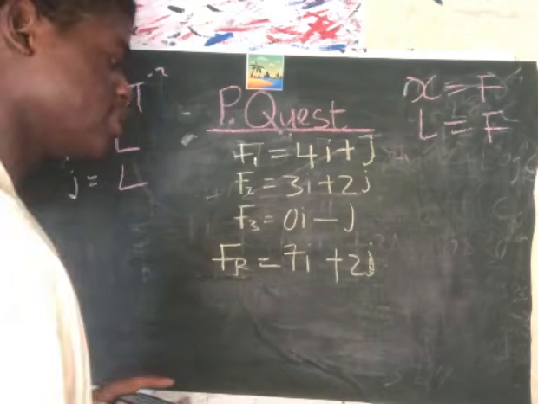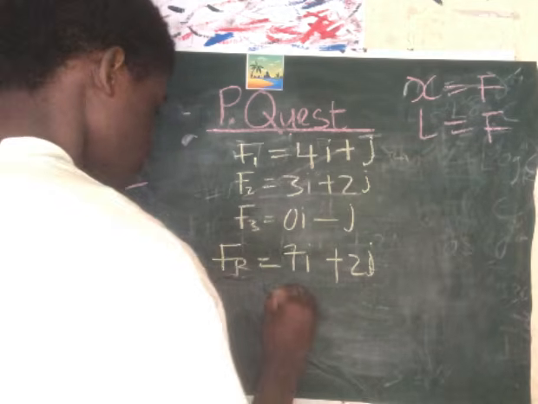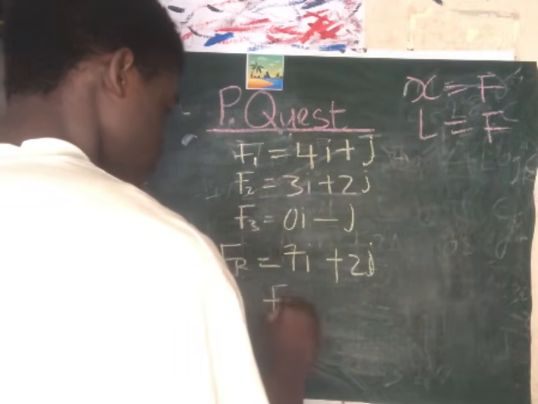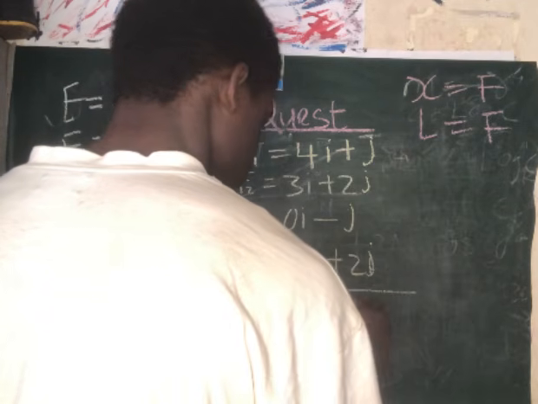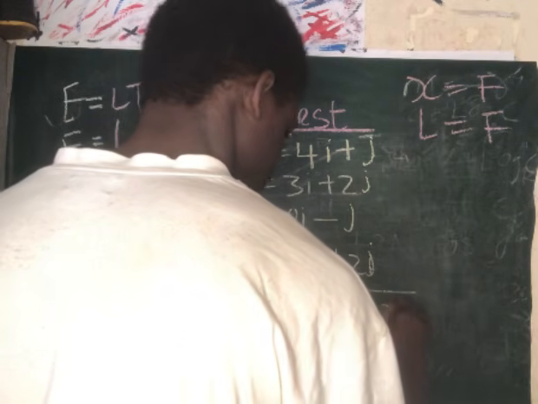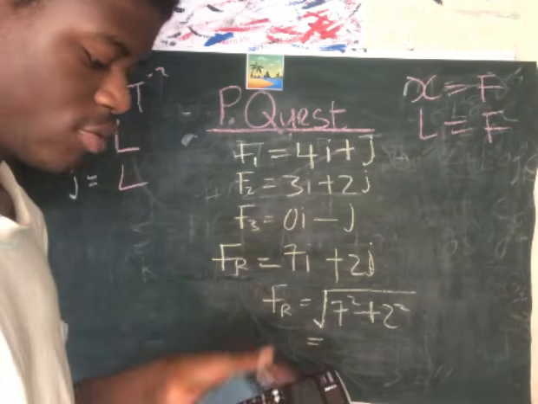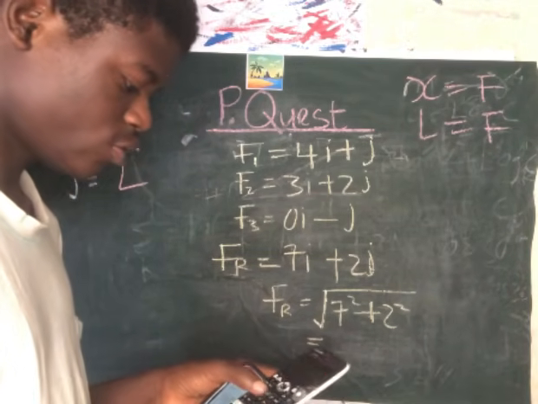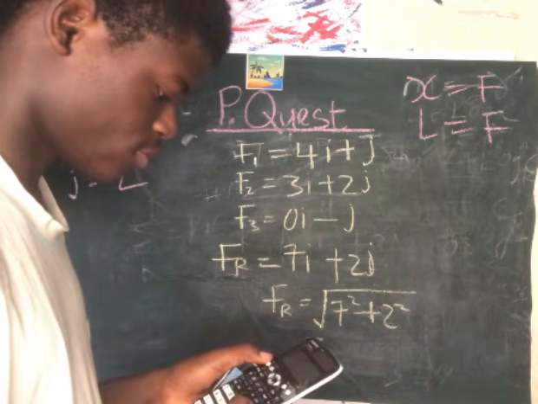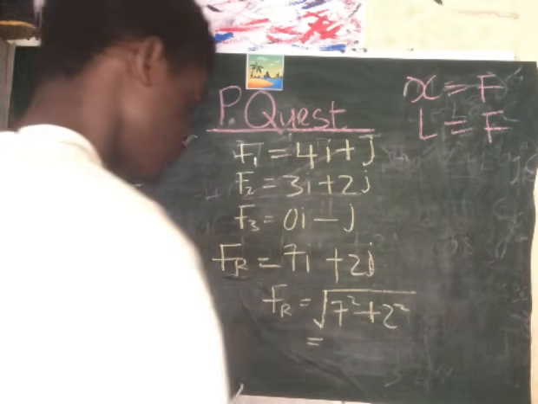We won't leave our answer like this. We represent it as a value. The magnitude will be the square root of 7 squared plus 2 squared. On the calculator, the square root of 7 squared plus 2 squared, the answer is 7.28. That's 7.28 Newton.